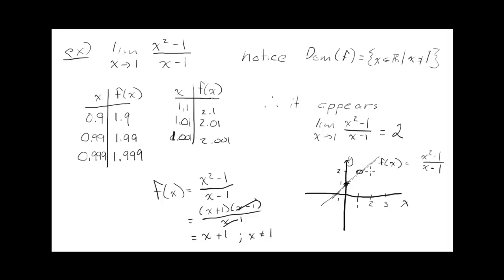Notice, even though the function doesn't exist there, as you go along the function from the left and the right, it's still approaching a number. It's still approaching the number 2 at 1. Hopefully this example shows you that what a function is equal to at a value does not necessarily correspond to what the limit is, because the function might not exist, but the limit might.